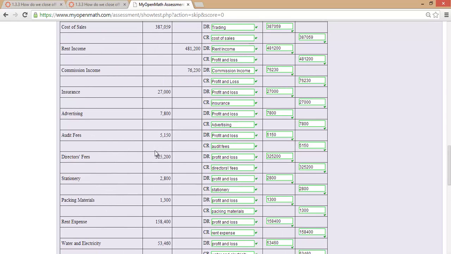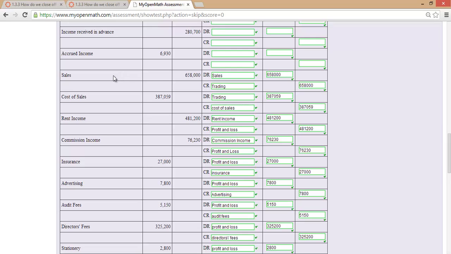So let's have a look at the solution here, and you'll see that my sales figure has got a credit total of 658. So to close off a credit total, I need to record a debit against the sale account of 658. Let me just show you how this looks on my general ledger. You'll have your sales account in the general ledger.